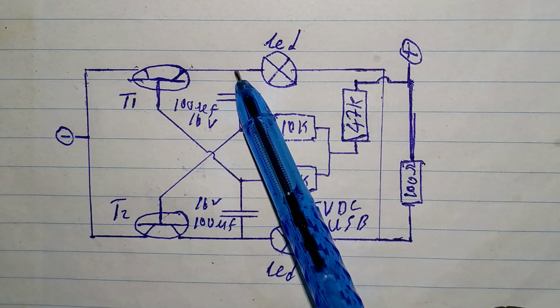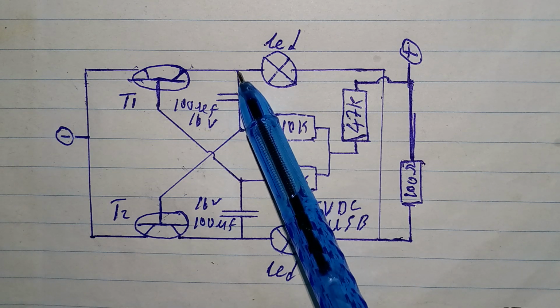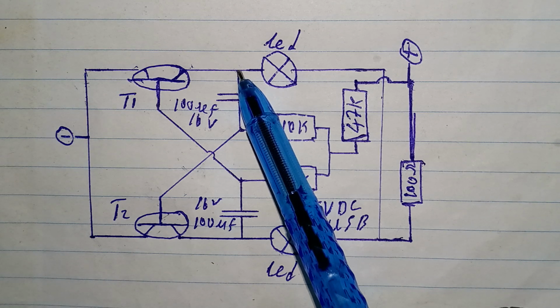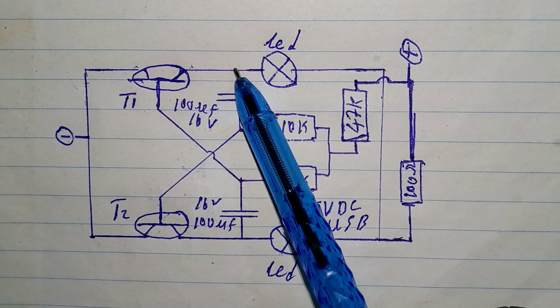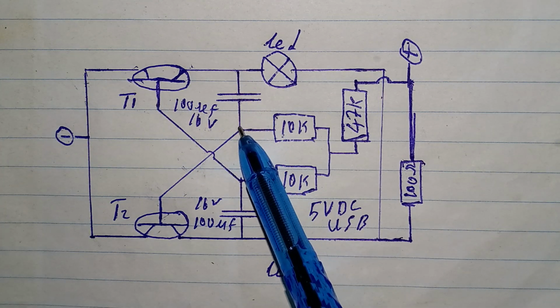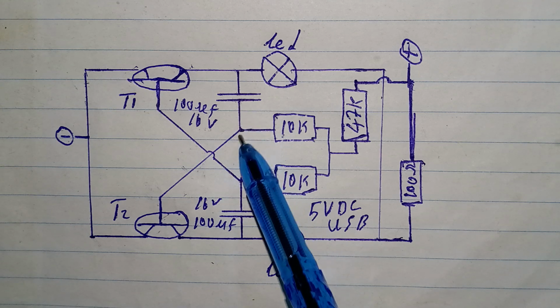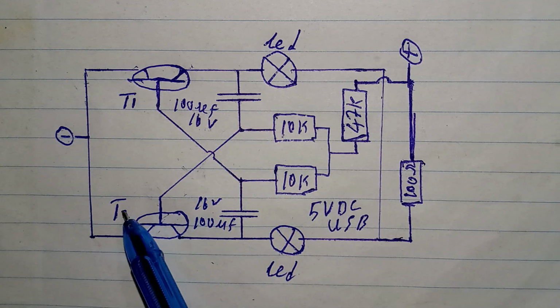Now we have a capacitor here. The capacitor is connected from this point, from the emitter of T1, and then the negative lead of the capacitor is connected to the base of T2.